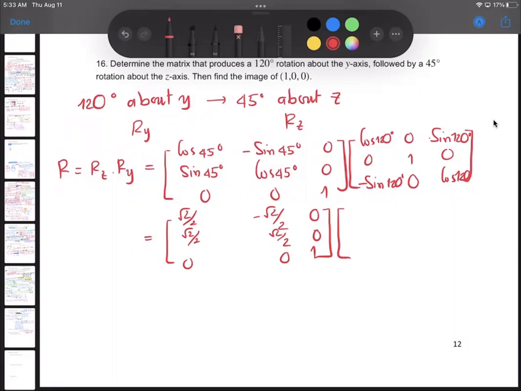And then we have negative √3/2 here. 0. And we have negative 1/2 again. And then you plug in your calculator. Then you're done. Just be careful with the sign.